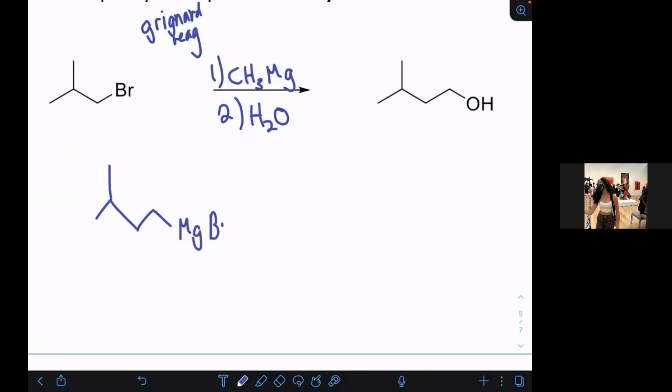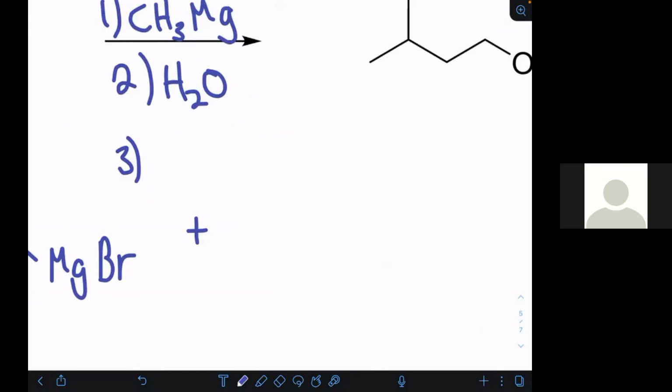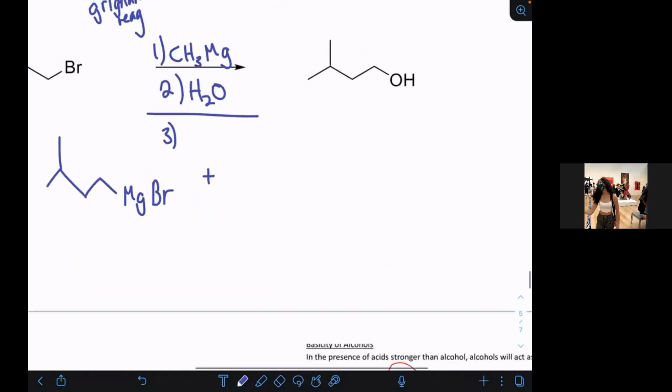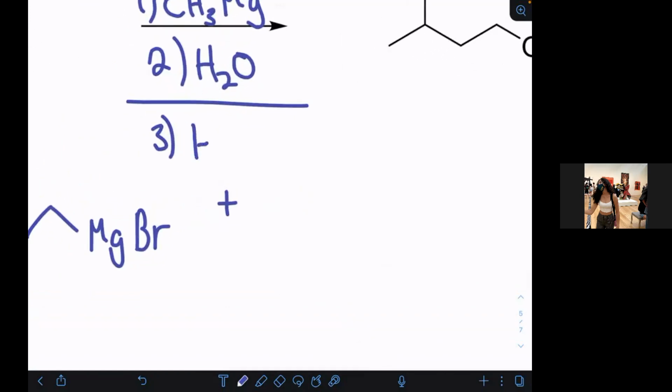So this would be MgBr, and then it reacts with, wait, what is this reactant? Acid. I'm not sure which acid would work. Oh, H2O works as an acid, doesn't it?